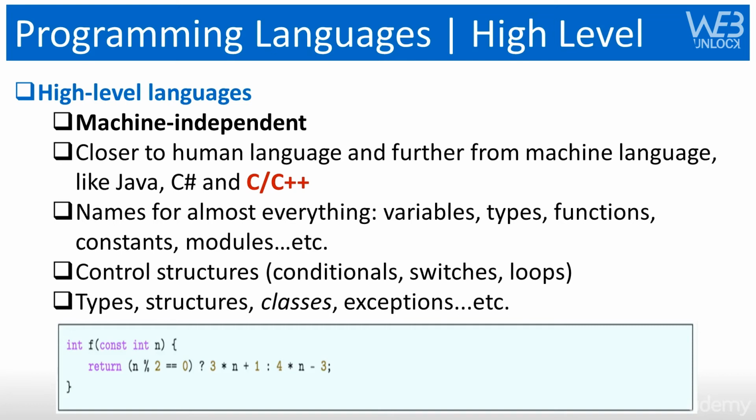You can compare things, you can loop and iterate through things. You can define your own types and structures. Classes exist in the object-oriented ones, but C is not an object-oriented language. There are no classes there. The other languages like Java, C#, and C++ are considered object-oriented languages, and they have the notion of a class. But C has everything else in here except for the classes. Exceptions are also another feature of these languages.